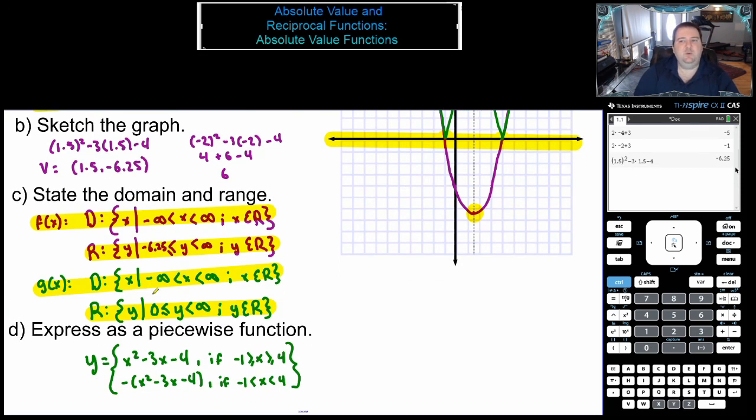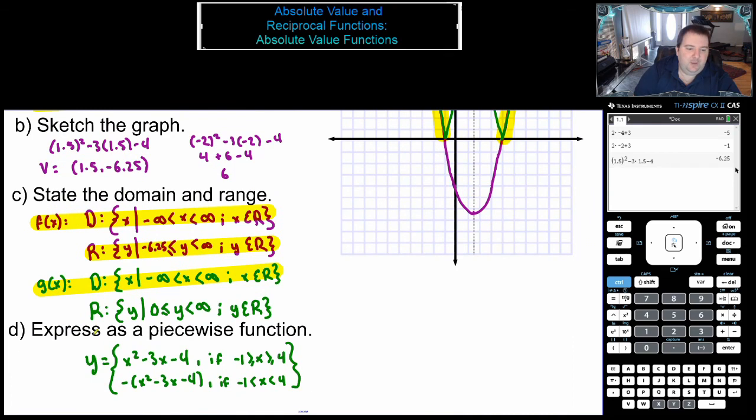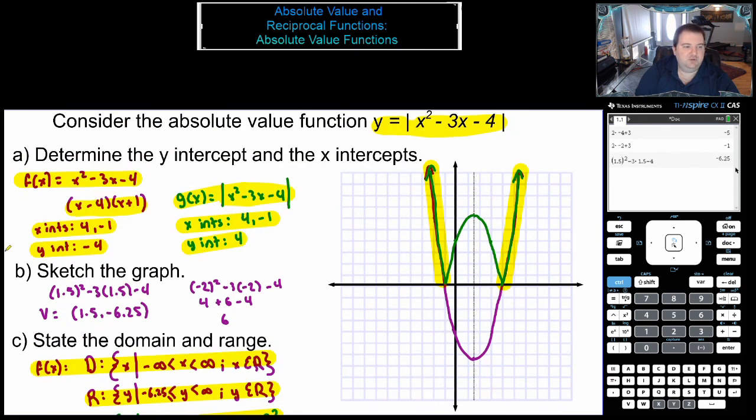Now for our piecewise function, of course, we have two pieces here. We have this first piece here where our f of x and our g of x are identical. They match up perfectly, okay? And when does that happen? Well, that happens at the original function. So x squared minus 3x minus 4 was our original function.